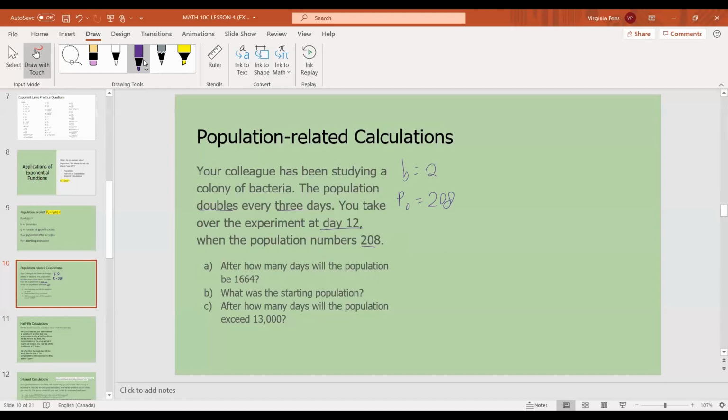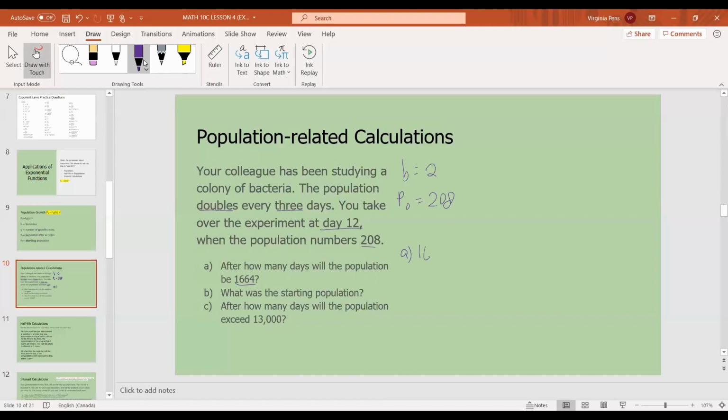Okay, and the PN, we are also given the PN, are we? So for question A, after how many days will the population be 1,664? So we want to find the G value of this equation, but we're also given the PN, which is 1,664. So let's write out the formula.